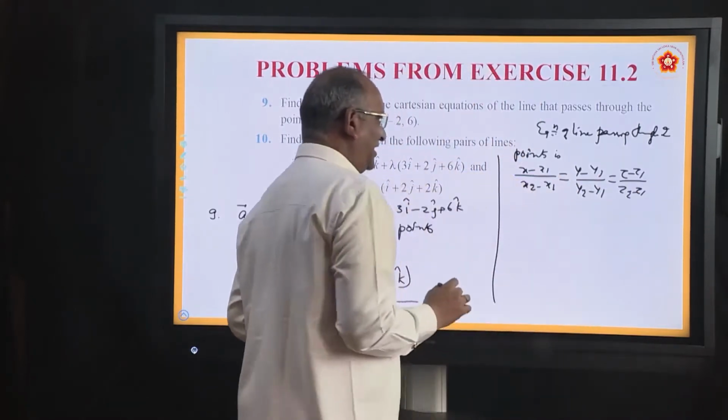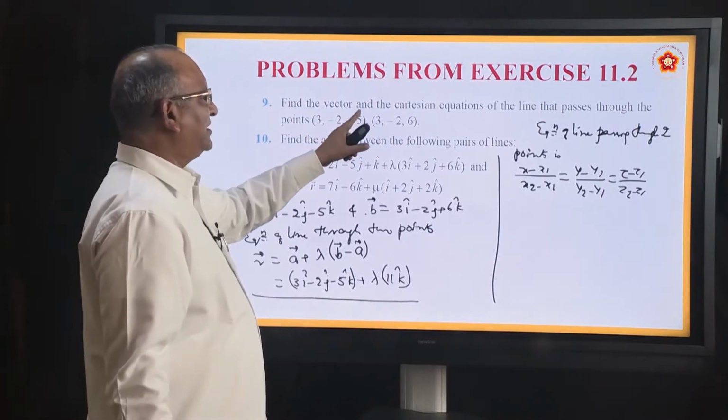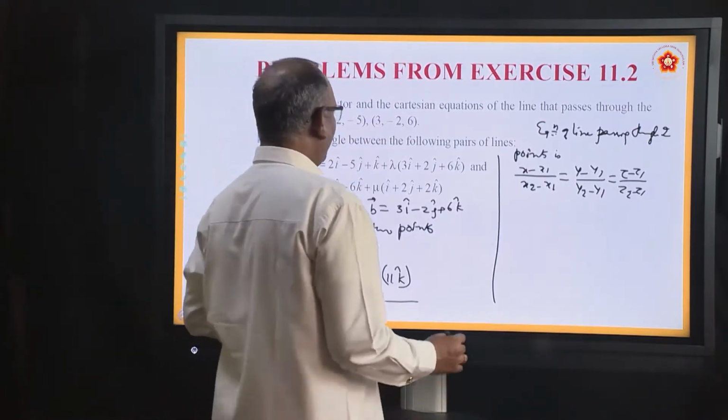So, substitute the values of these 2 points. This is x1, y1, z1, this is x2, y2, z2. So, what will you get?